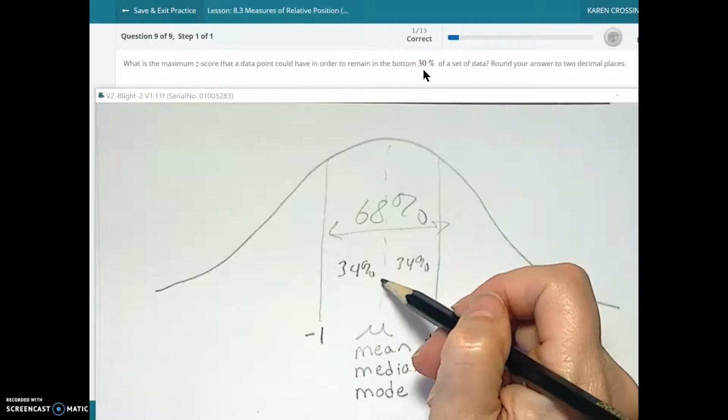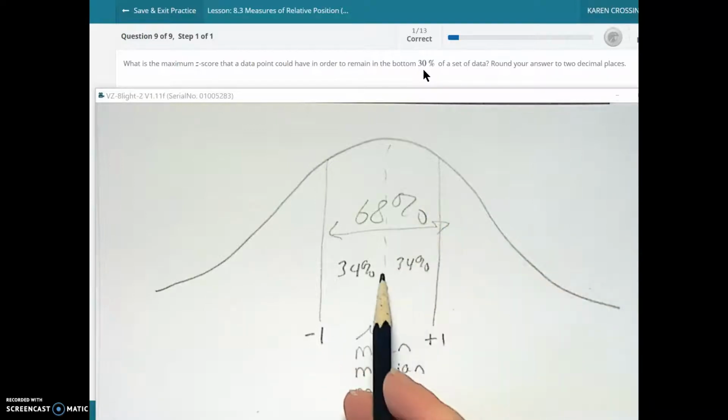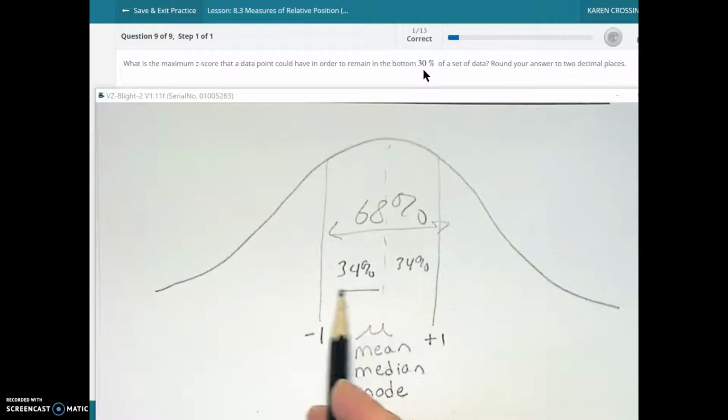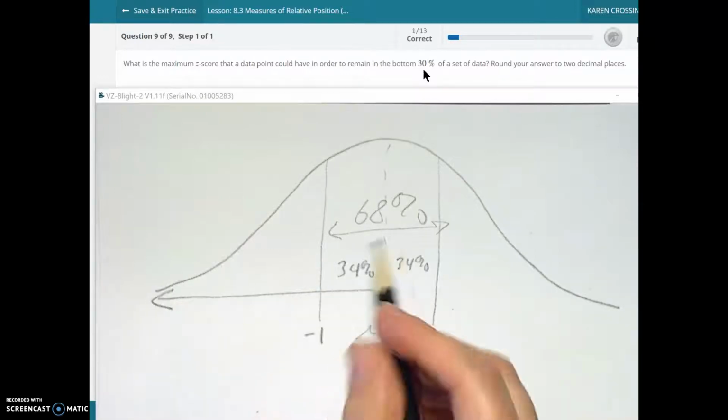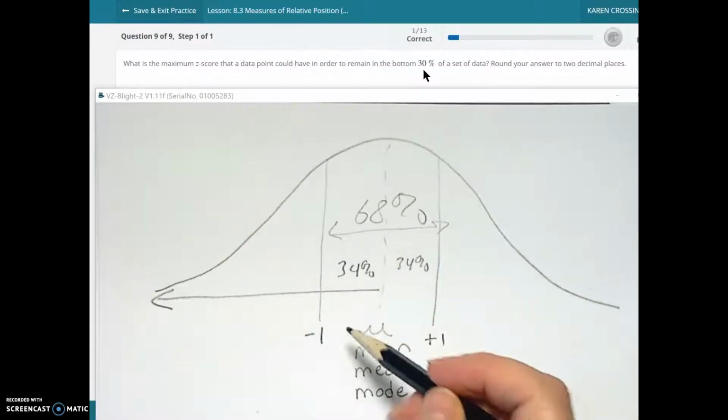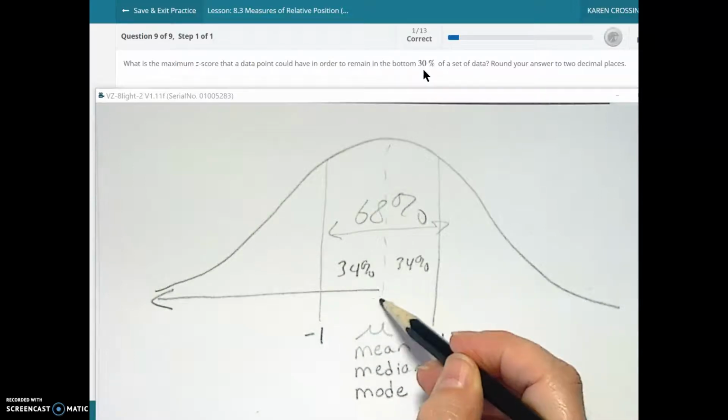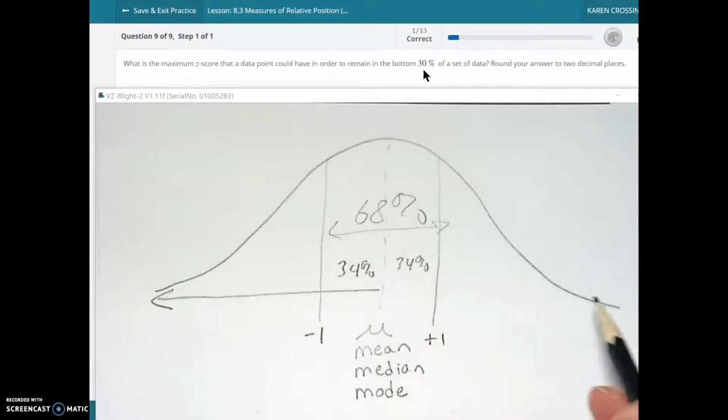Hopefully it makes sense to you that from here over is 50% of the data, because the mean, the median, and the mode are the middle, so half of the stuff is smaller and half of the stuff is bigger.